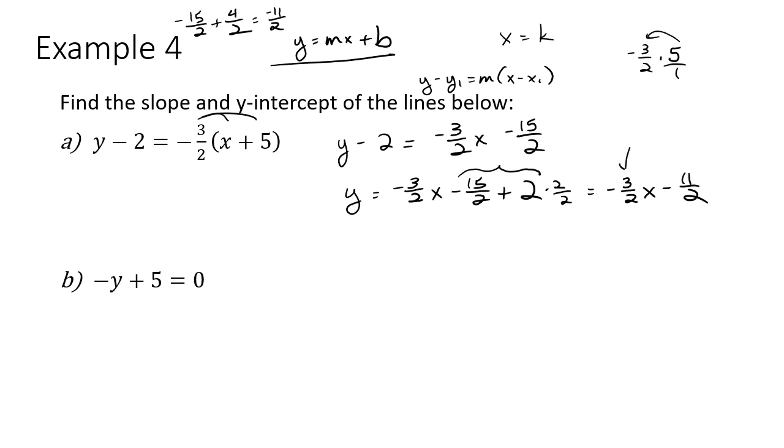So now we can just pick it out. M, the slope, which you could have picked out right from the very beginning, even in this form, is negative 3 halves. B, which is the reason why we went through the trouble of multiplying everything out and combining like terms, is negative 11 halves. But remember that's just the y value of the ordered pair.